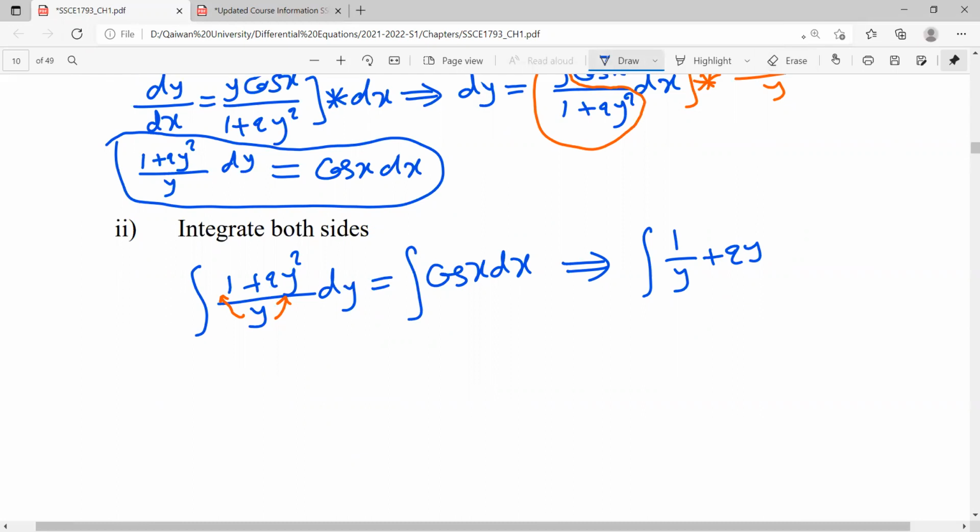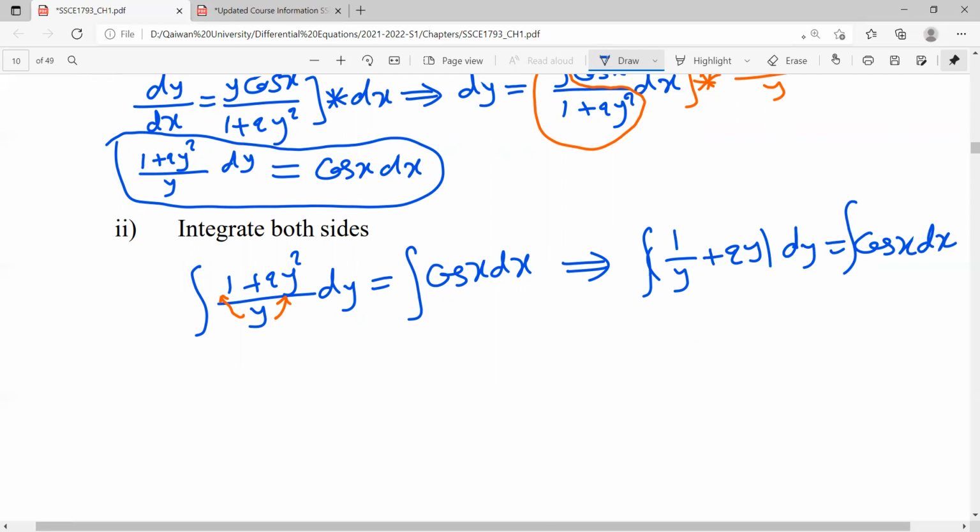The y in 2y squared over y cancels out, so we get only 2y here. So we have the integration of (1 over y plus 2y) dy equals the integration of cosine x dx. Now we can take the integration.